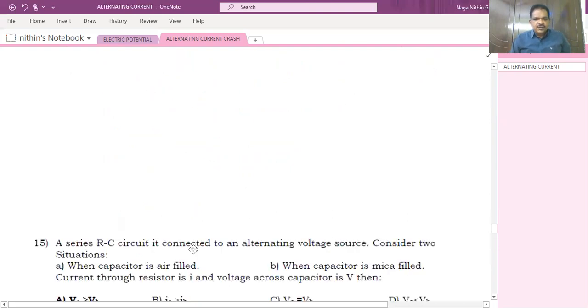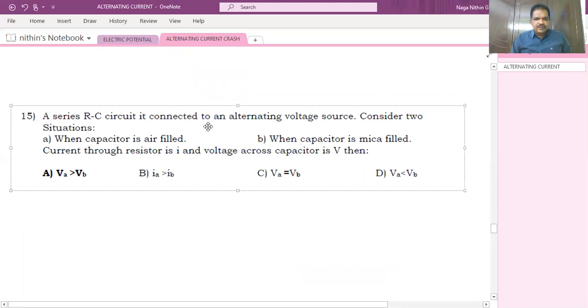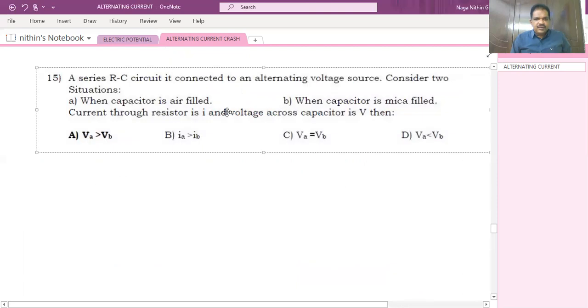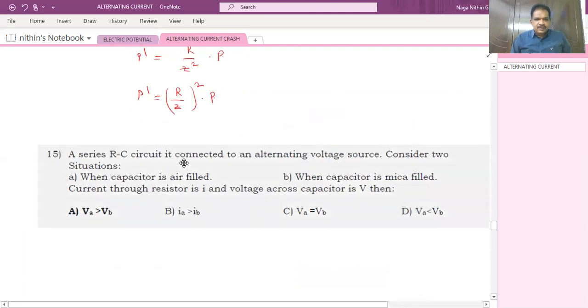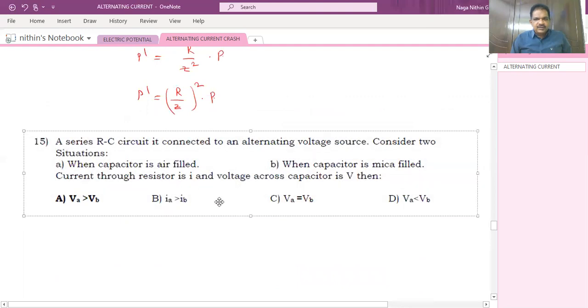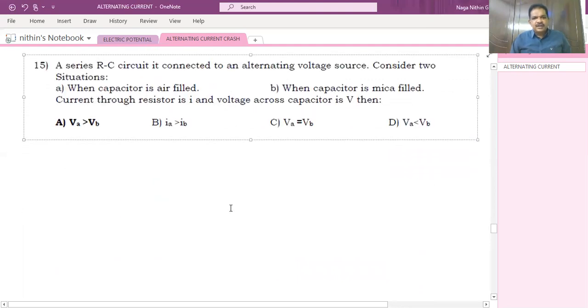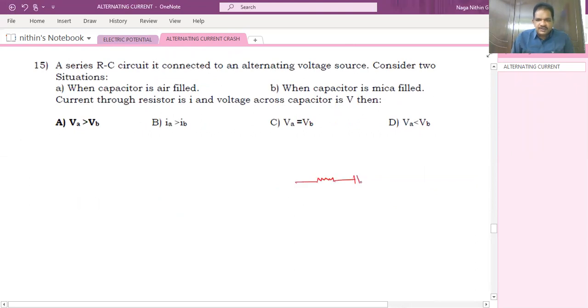Okay. Next, 15th question. What are they asking? A series RC circuit is connected to an AC circuit. This is R, this is C. These are connected to the AC circuit.